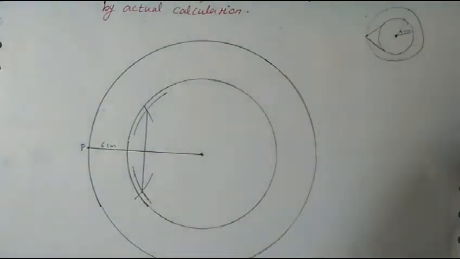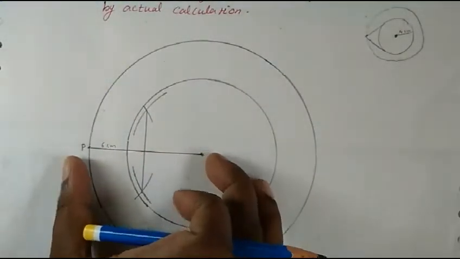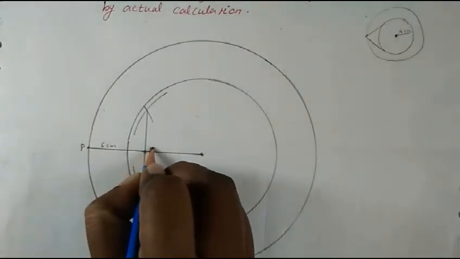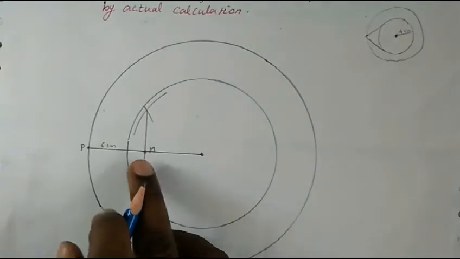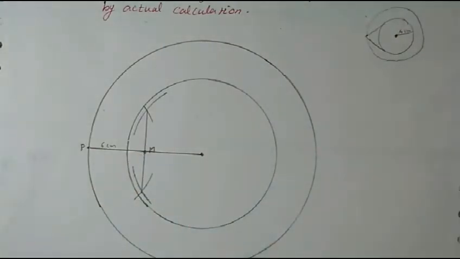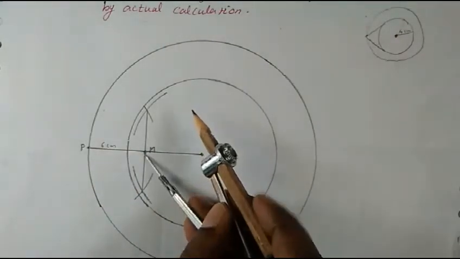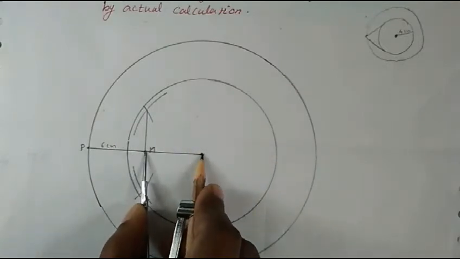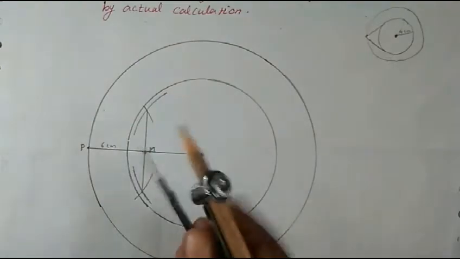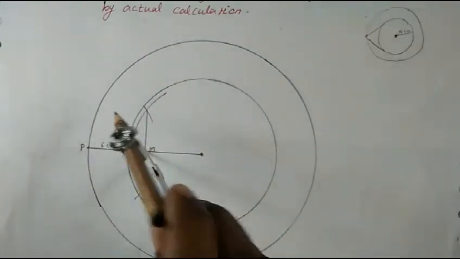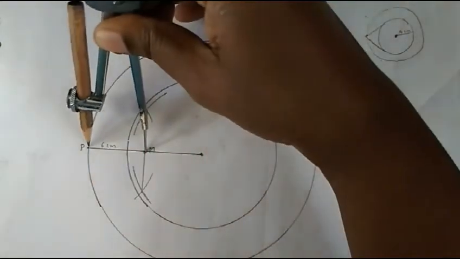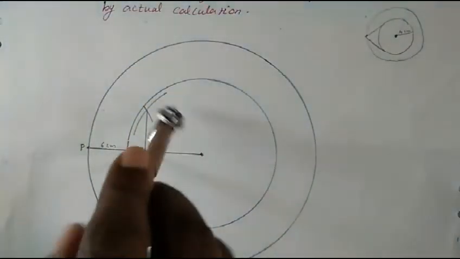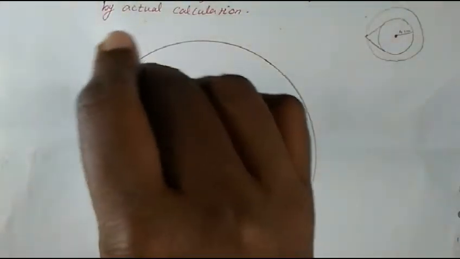Now we got the midpoint of this line. Keeping this midpoint as center, we take the measurement of this, so both sides will be the same. See, it is the same. Now we'll draw another circle.